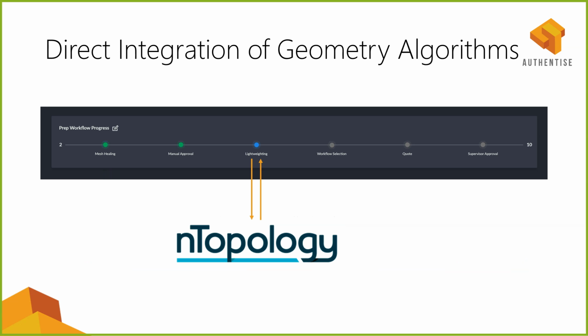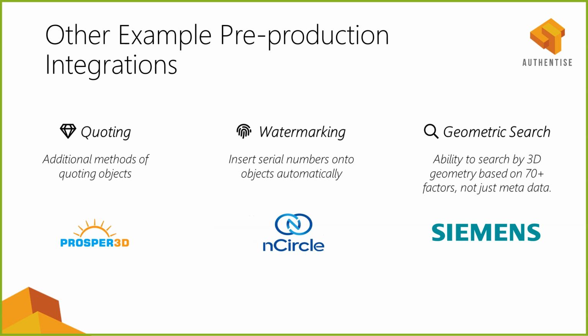This can be extended to a variety of other features. For example, in discussions around hollowing or lightweighting, we could potentially start integrating CAD features into that process. In other areas as well, we have integrations that allow for additional quoting solutions. Authentise has its own algorithm, but third parties are also welcome on the platform, and here's a provider that's already integrated.